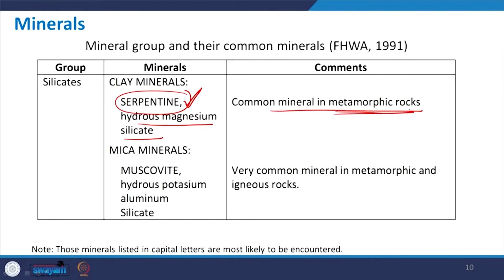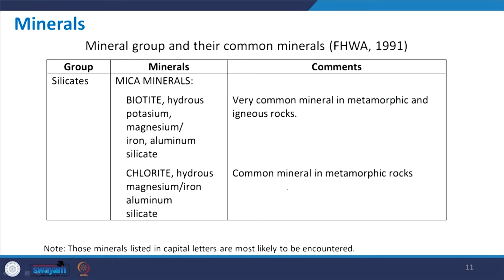Then the next category of mineral in silicates deals with mica material, which is muscovite, a most commonly occurring mineral, common in metamorphic as well as igneous rocks.